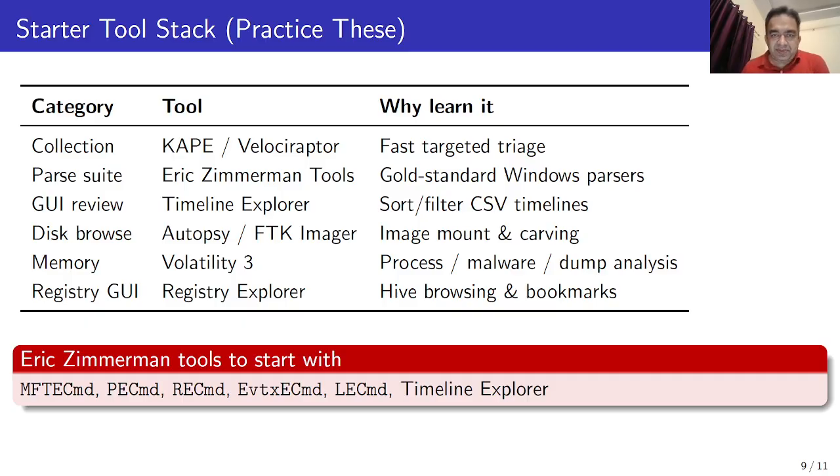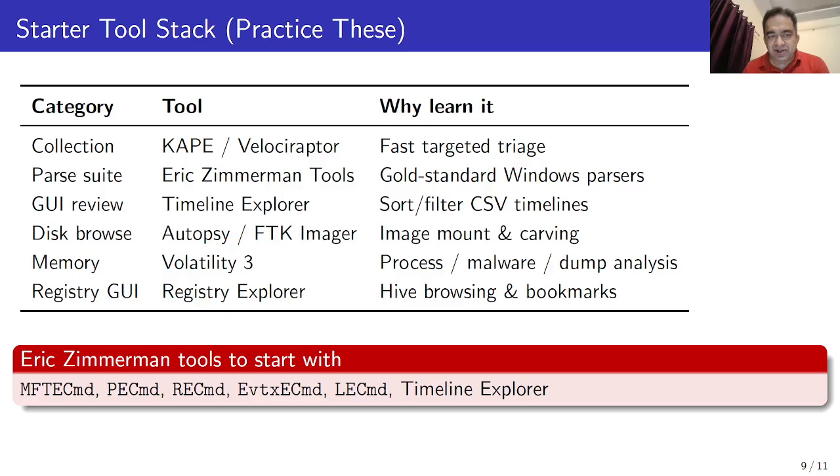This table is the practical shopping list for skill practice. KAPE and Velociraptor for collection, Eric Zimmerman tools as the Windows parser suite, Timeline Explorer for CSV review, Autopsy and FTK Imager for image browsing, Volatility 3 for memory, and Registry Explorer for hives.